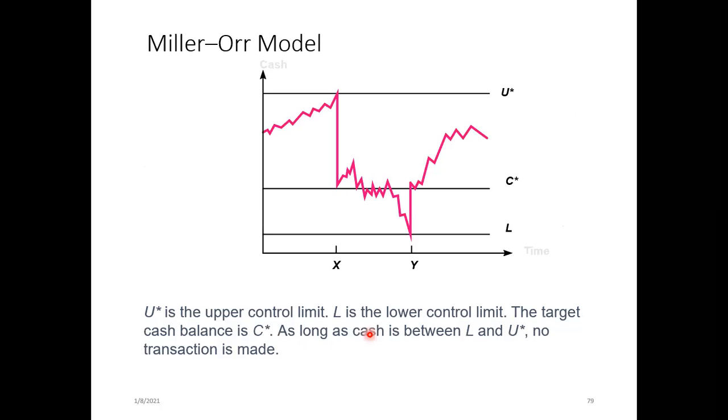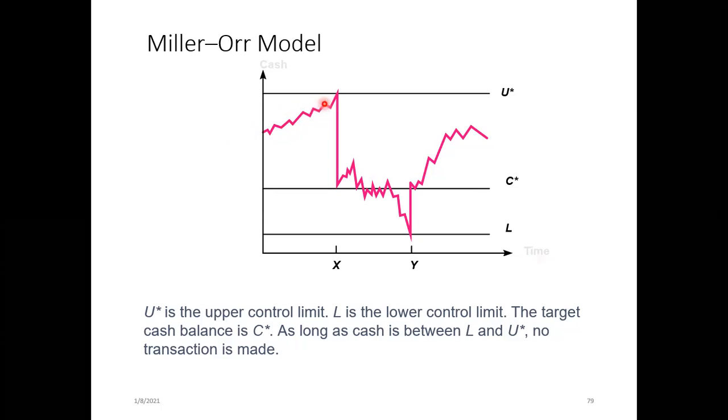So let us explain using the graph. Here in the vertical axis is the cash balance, the amount of cash, and on the horizontal axis we put the time period, which may be days, weeks, or months. Here they start, and management does not intervene because the fund is below the upper limit.